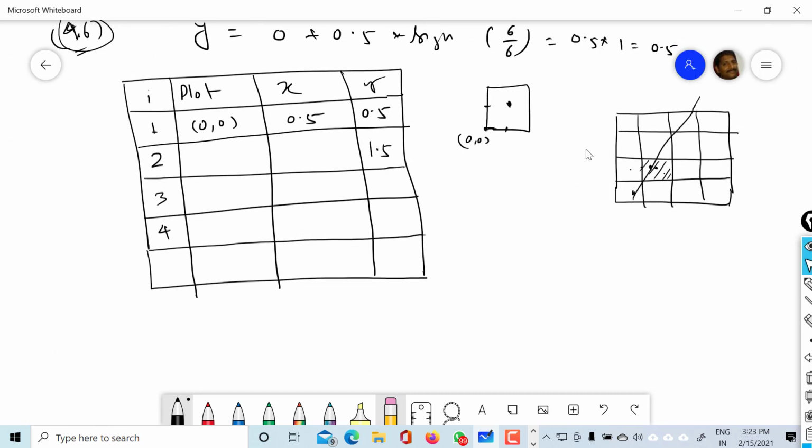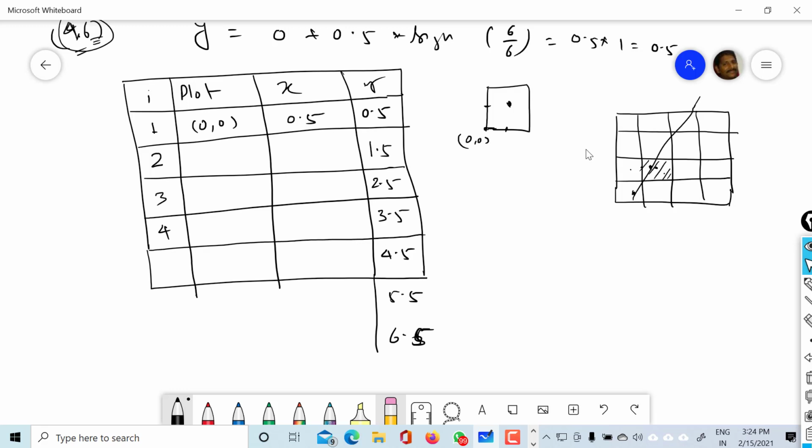So 0.5, 1.5, 2.5, 3.5, 4.5, 5.5, and the last value will be 6.5, because the last value is 6. Therefore the last value will be 6.5 here.